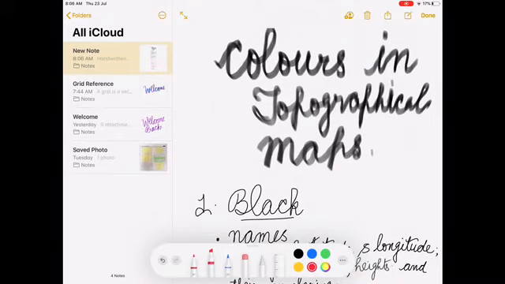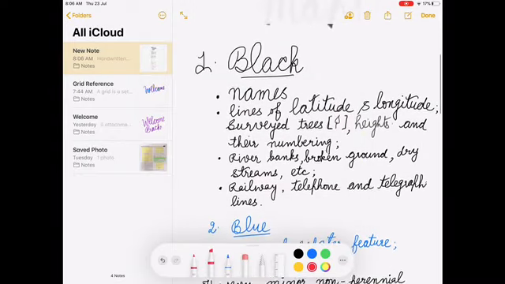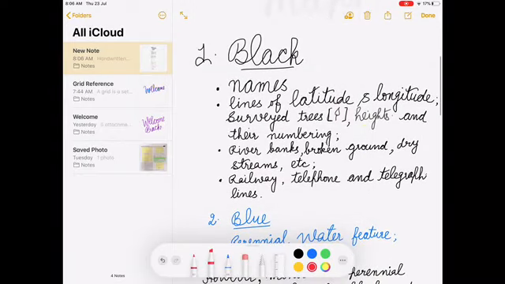Next topic is, what is the importance of colors in a topographical map? What are the things that we can identify with the help of black color on a topographical map? They are like the names. Now, a name can be anything: a name of a village, a name of a town, right?